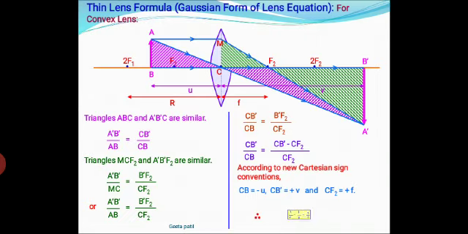Now let us see what is meant by linear magnification. Linear magnification produced by a lens is defined as the ratio of the size of the image to the size of the object. That is, M is equal to I by O. From this figure, we can write the equation for this magnification as A'B' by AB is equal to CB' by CB.